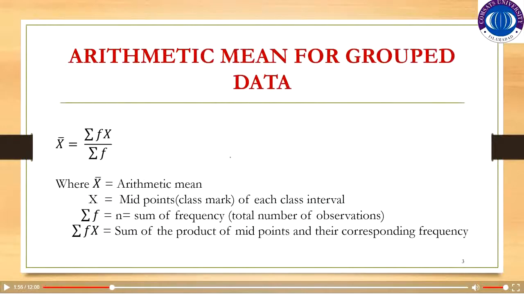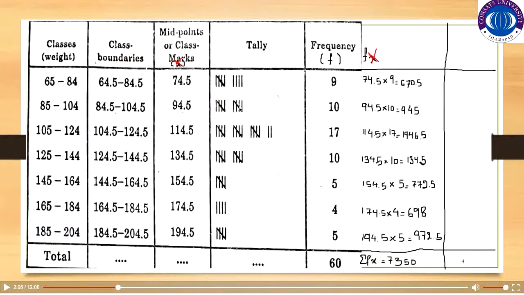As we have learned that summation fx is the sum of product of midpoints and their corresponding frequencies. So, how we will create the column of fx, midpoint and its corresponding frequency?